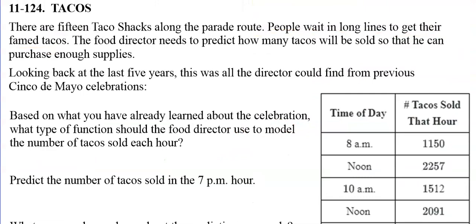So now we've got to talk about tacos, because you've got to feed the people and give the people what they want. There are 15 taco shacks along the parade route. People wait in long lines to get their famed tacos, because apparently the tacos are awesome. Looking back at the last 5 years, this is all the data we had.